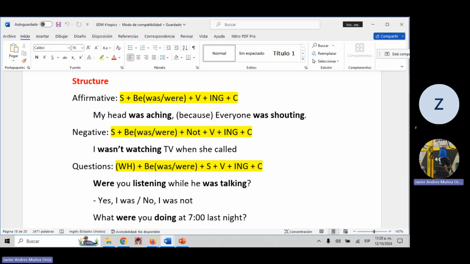The same happens with negative sentences and questions. Once again, the only thing that we modify is the verb to be. In fact, it's very similar to Spanish in terms of organization, because we say in Spanish, yo no estaba escribiendo. I was not writing.